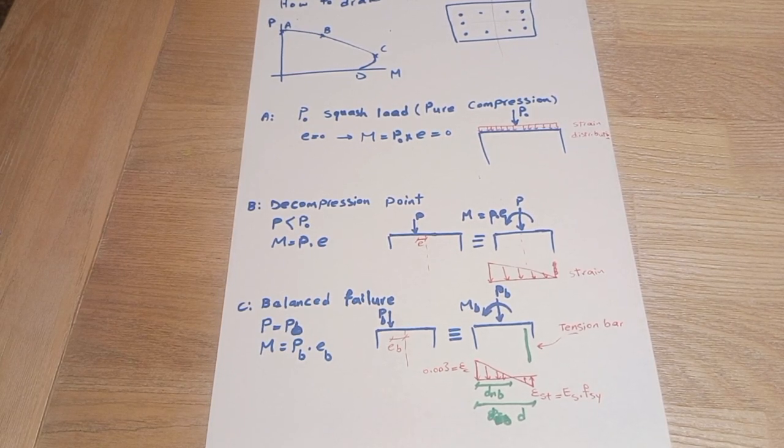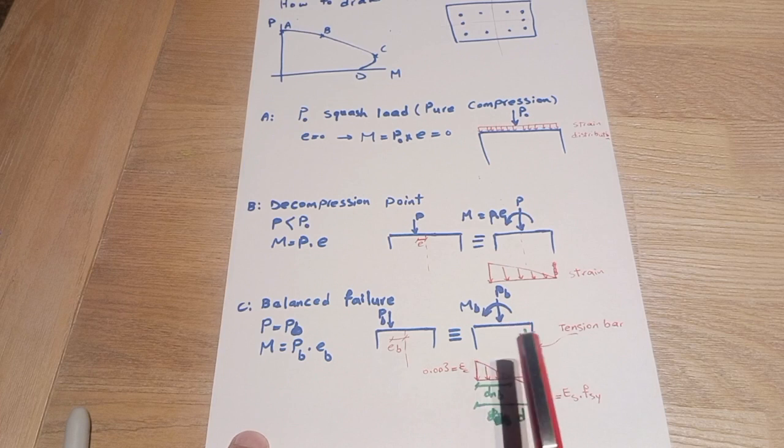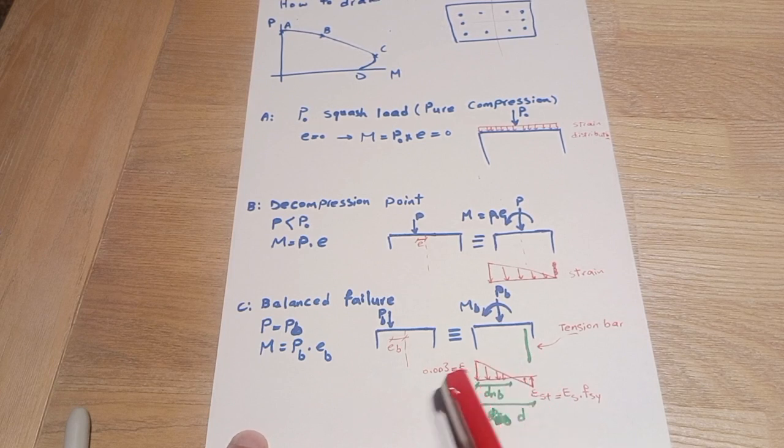This one is a very special case, and it is much easier to calculate because you don't need to assume yielding of reinforcement and check that. Just from the first point, we know that the reinforcement has yielded at the extreme point, and concrete on the compression side has yielded as well.